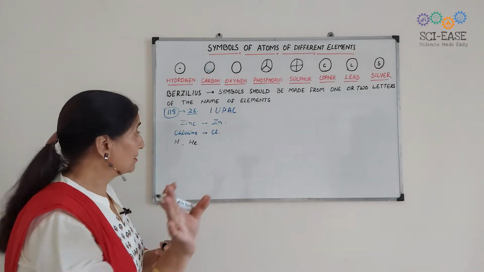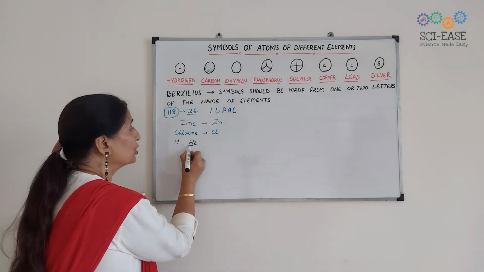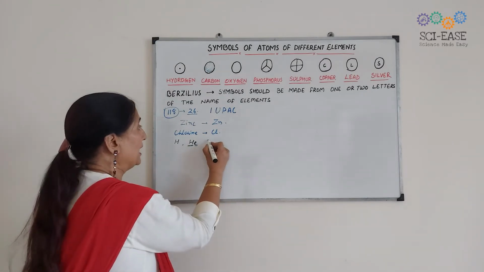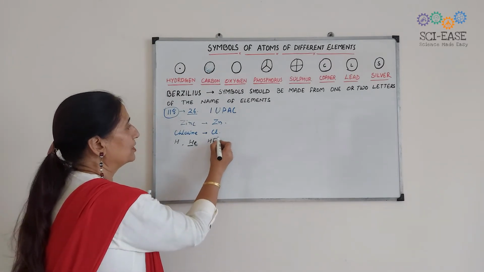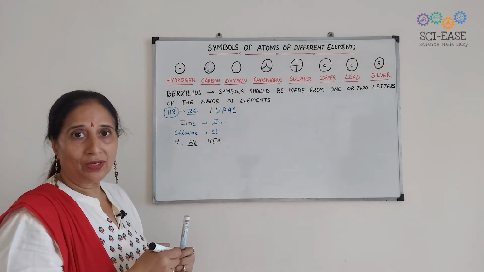This thing you must take into consideration, that the first letter should be capital and the second letter should be small. He shouldn't be written like this. It's wrong. It should be a small letter.